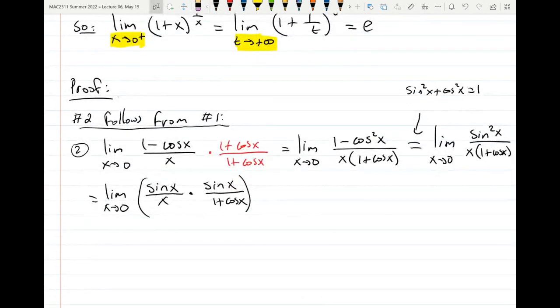But the first limit is actually special limit number 1. That's why it said follows from 1. Number 2, sine of x over x as x approaches 0, that limit is 1. And sine of x over 1 plus cosine, that would be 0 over 1, which is just 0. So the final answer here is 0, as expected. All right, let me write the steps. So this is the product of the limits.